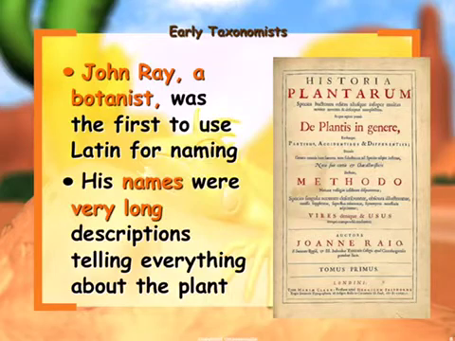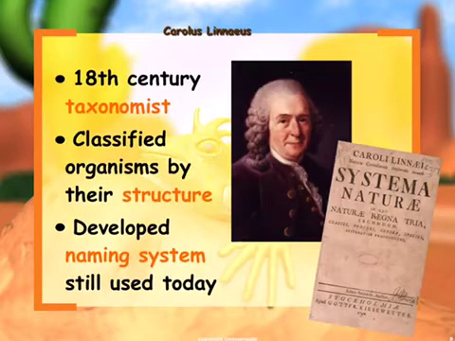So scientists recognized they needed a better system for naming, something simple, efficient, and universally recognized and accepted. Carolus Linnaeus was an 18th century botanist and taxonomist, and he developed the modern classification system that we use today. In fact, his system is internationally recognized.